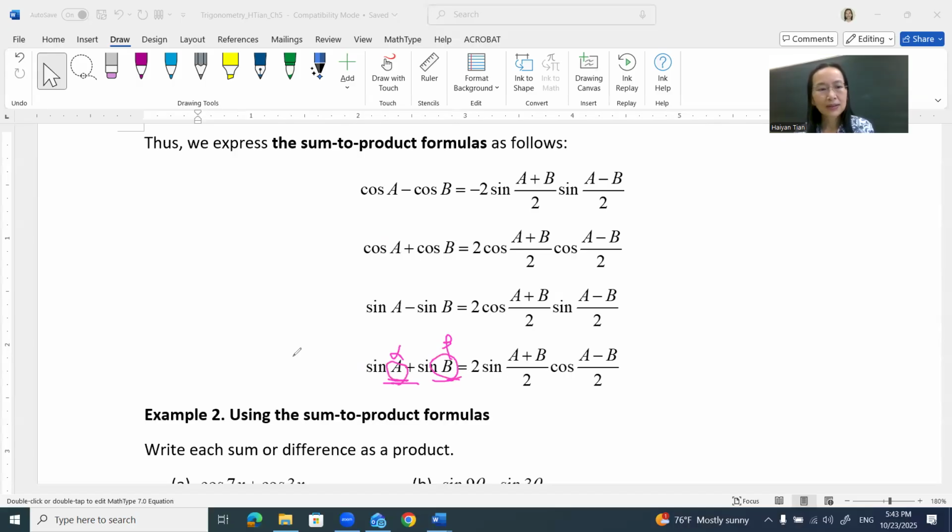If the first angle is called alpha and the second angle is called beta, then using this formula there will be alpha plus beta and alpha minus beta. So it doesn't matter, it's still the same formula. It's true for whatever two angles. So now we are ready to do this.